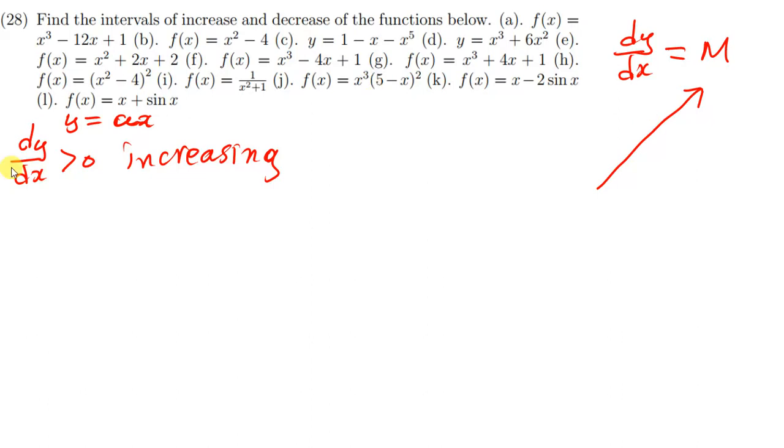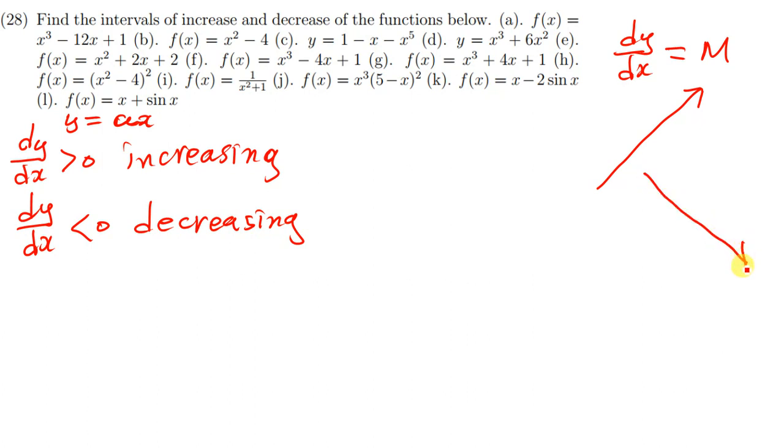And then if we say dy dx is less than 0, it means that the function is decreasing. And when the function is decreasing, it means that at that particular point the gradient is in this format.